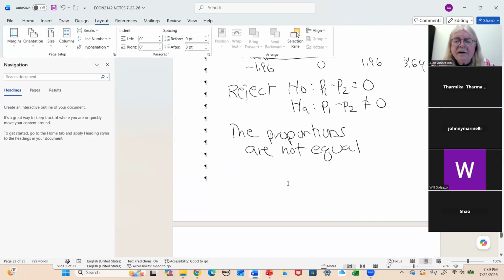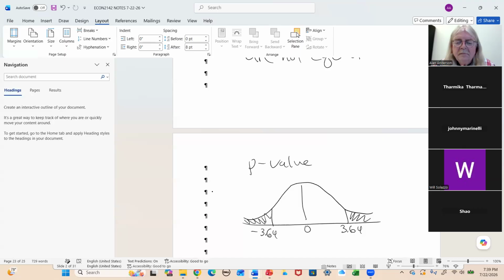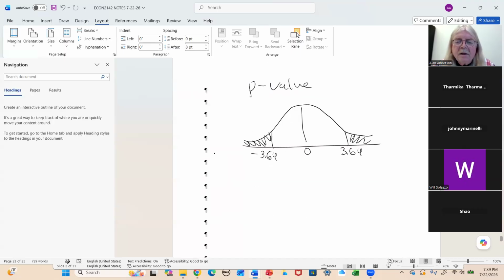And again, we can do a p-value. And since this is a two-tailed test, we need both the positive and negative tails. And so we're going to need whichever tail we can calculate and then double it.